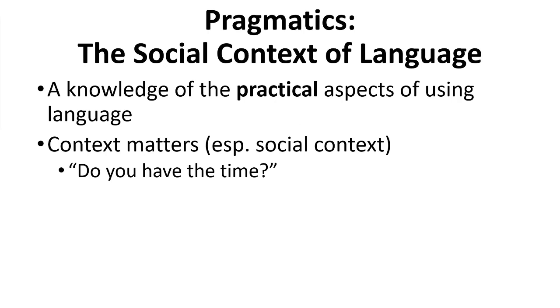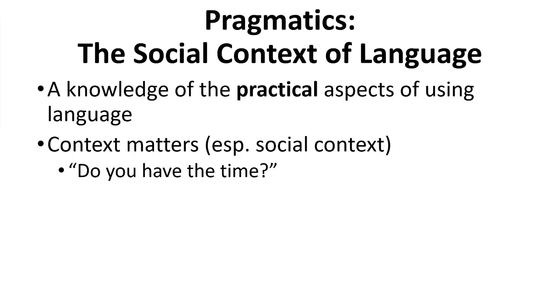We can keep talking about the importance of context when we're dealing with language by bringing it over to pragmatics. And pragmatics is a knowledge of the practical aspects of using a language. So when we have that sort of surface versus deep structure, when you're trying to figure out what the deep structure is, what the meaning is of what someone is saying, the context matters, and especially the social context.